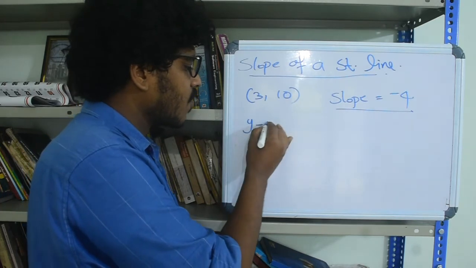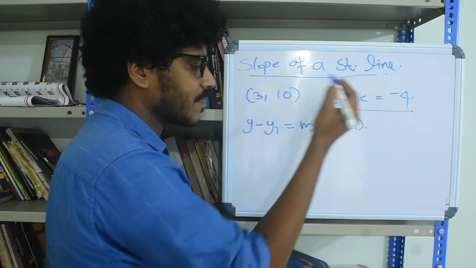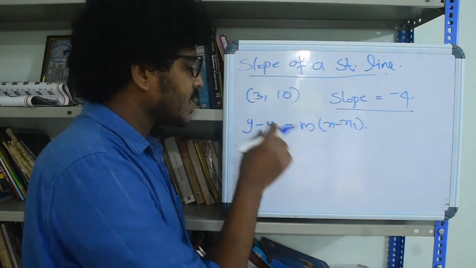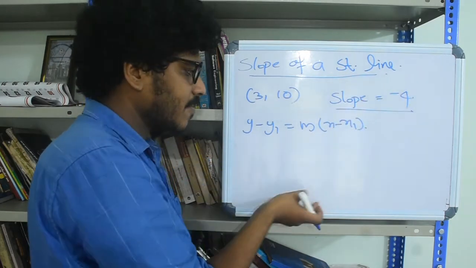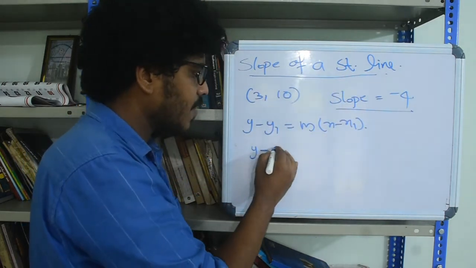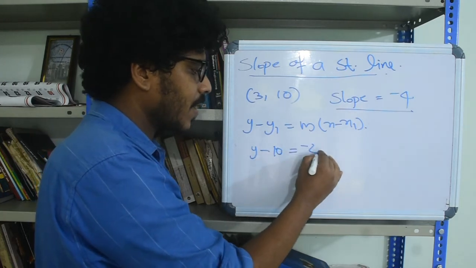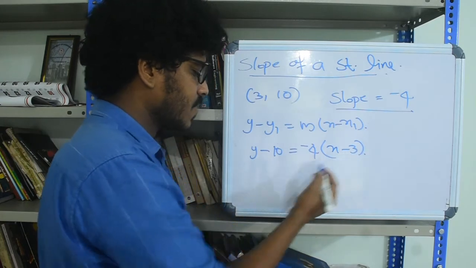The general form was y minus y1 equal to m into x minus x1. So what is (x1, y1) here? (3, 10), and slope m is equal to -4. Plugging in all those values into this general form gives y minus 10 equals -4 into x minus 3.